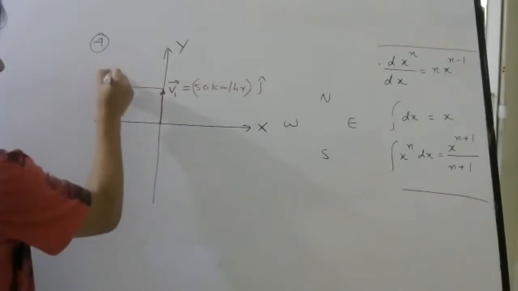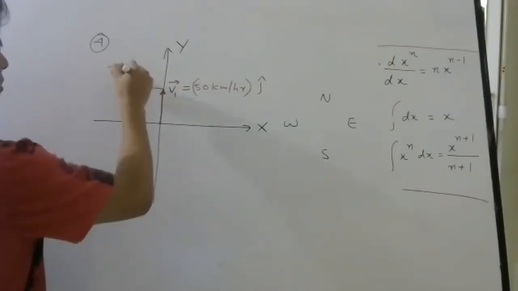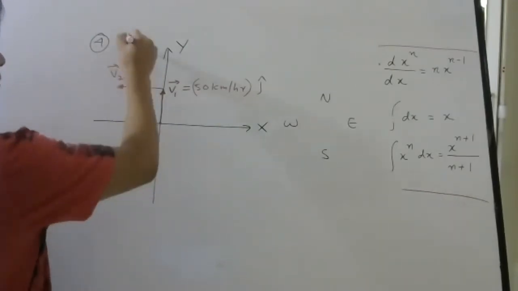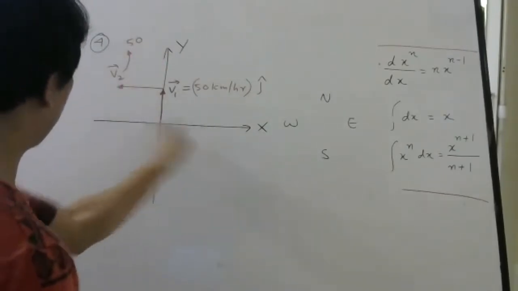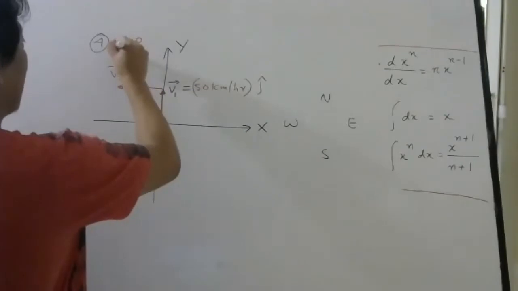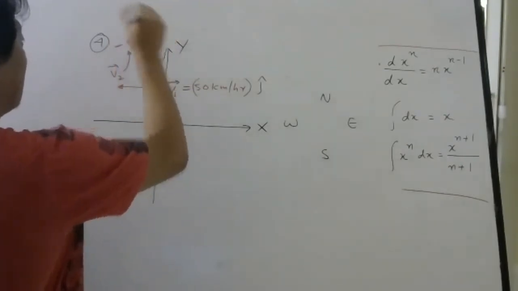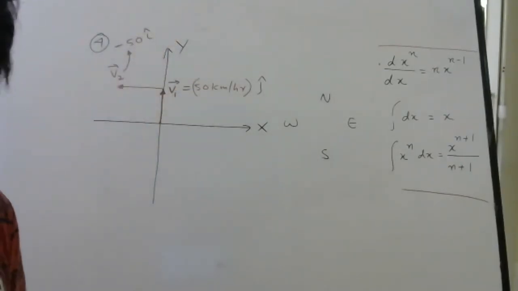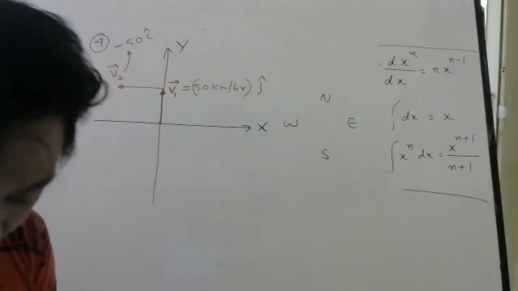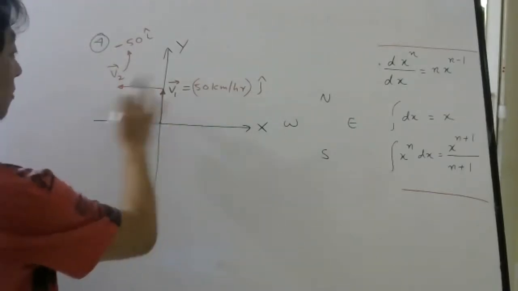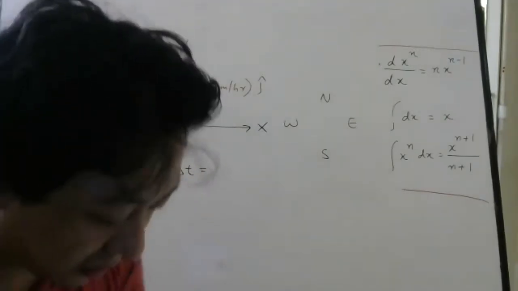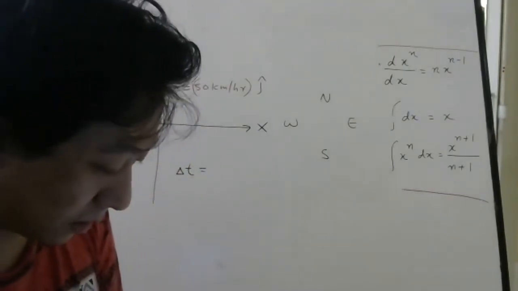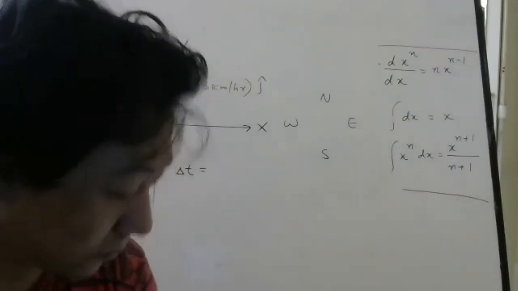Here let me write V2 bar. And how much is V2 bar? 50 only. But which cap? This is negative x-axis, so minus I cap. Okay students, minus I cap. Super. So once I know velocity, time taken, delta t, is directly given as 5 seconds. Time taken is 5 seconds.